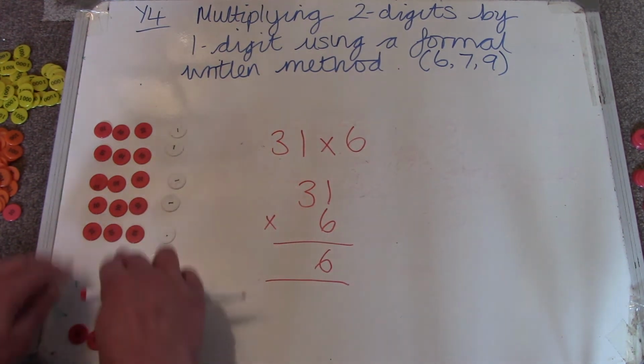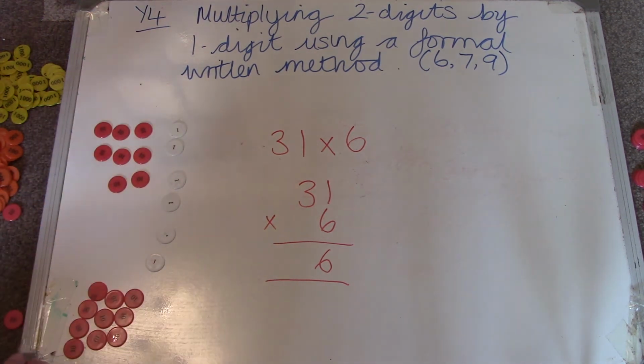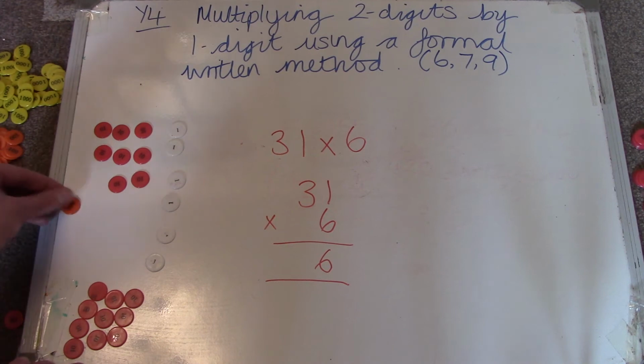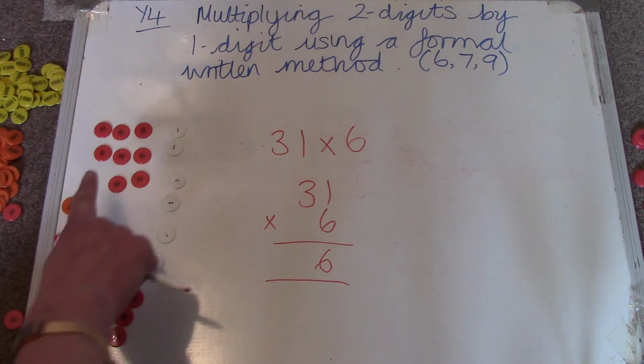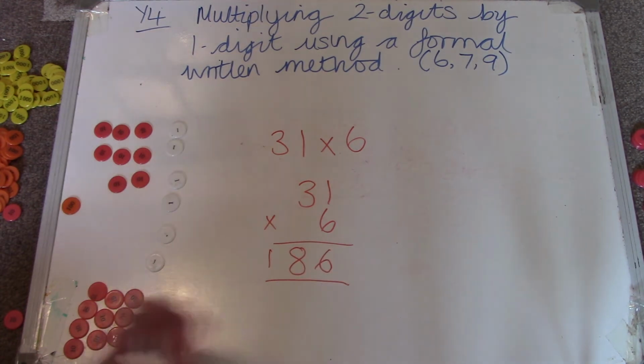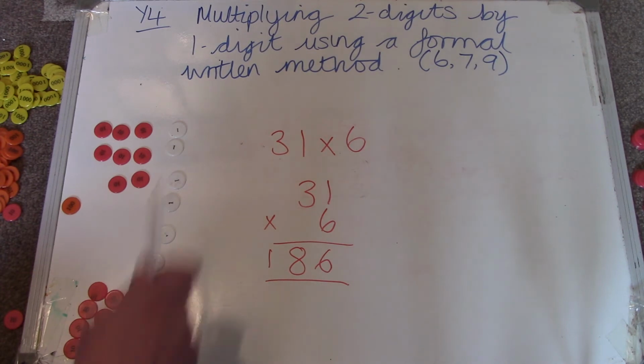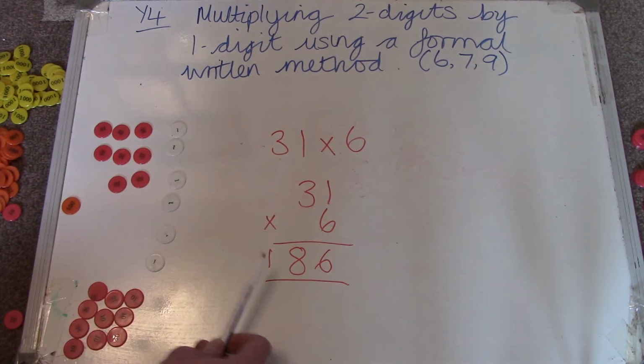We know that we can do that exchange. We're going to take 10 of them away and we're going to put 100 in. So what we've created is 186, our answer. Just to make sure that you know what we're doing when we're writing the calculations like this.